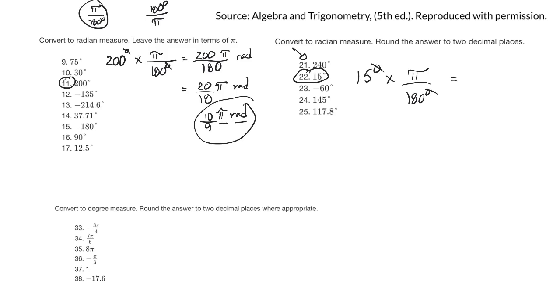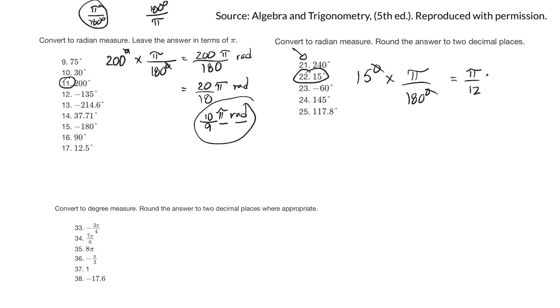I think 15 goes into 180 16 times, is that right? No, 14 times. 3, 2, 12 times. I think it's 12. Yeah. So that would be pi over 12.